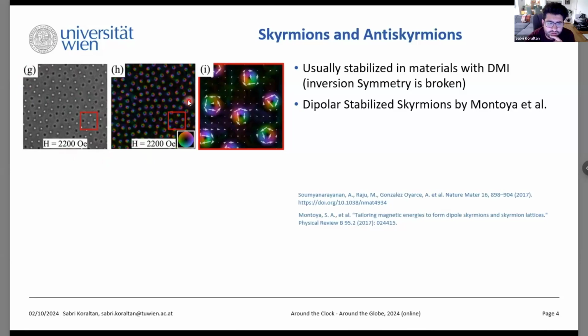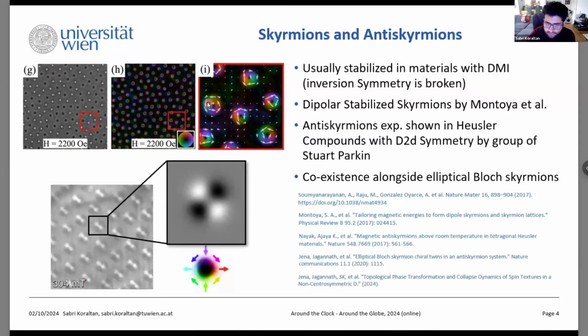In further works, it was already shown that we are not only limited to skyrmions. The work from Stuart Parkin's group, especially by Nayak, showed that they can use Heusler compounds. So again, it's a bit of engineering here because we basically combine different materials, and at the end we obtain a magnet in which we can tune the properties. And they found that in Heusler compounds, which have a D2d symmetry, the anisotropic DMI leads to the formation of anti-skyrmions.